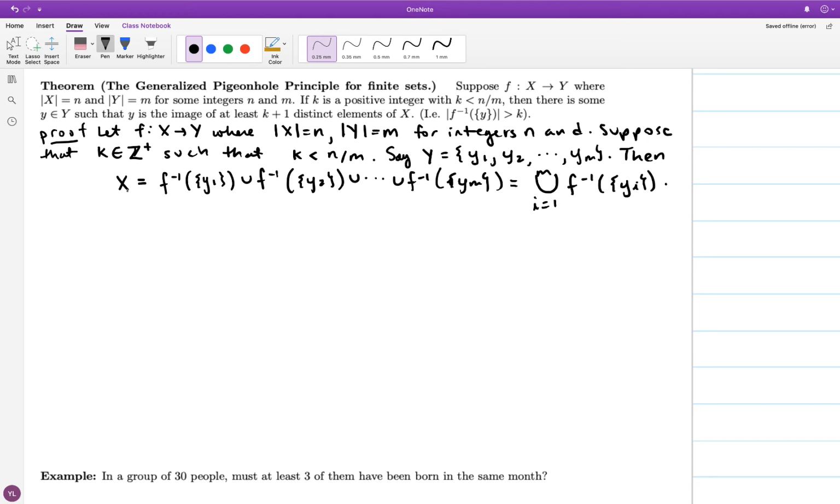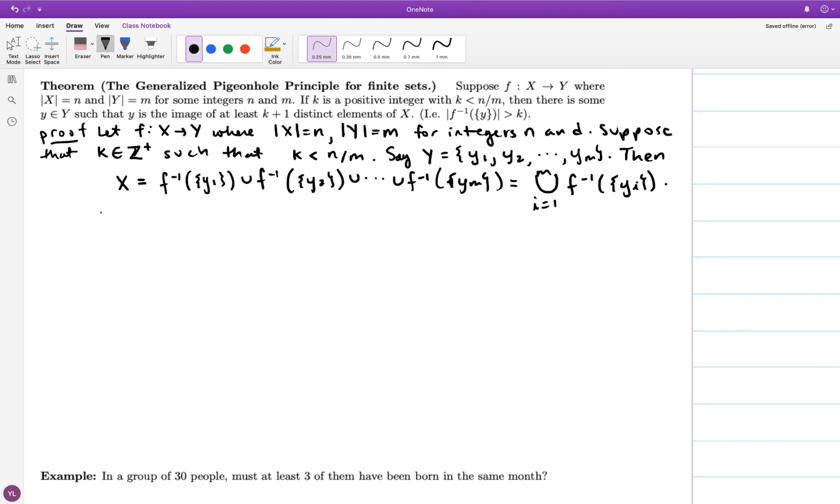Anyway, this says split X up into pieces based on where f maps the individual elements. Okay, and certainly these sets are disjoint because you can't have an element of X getting mapped to y1 and also getting mapped to y2. This function is a function, so these are disjoint sets.